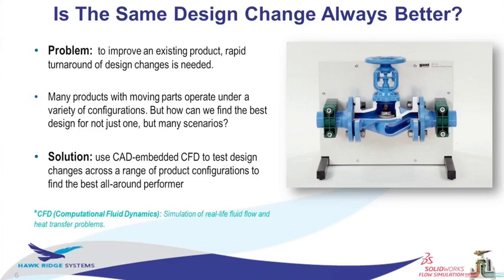And those products, if they have moving parts and maybe are configured differently for different kinds of situations or operating conditions, make it a lot more difficult to try to figure out what the best design is in all situations. For example, if I were to change maybe the inlet diameter of that valve, what does that do to the flow rate and pressure, not just when the valve's fully open, but other situations?